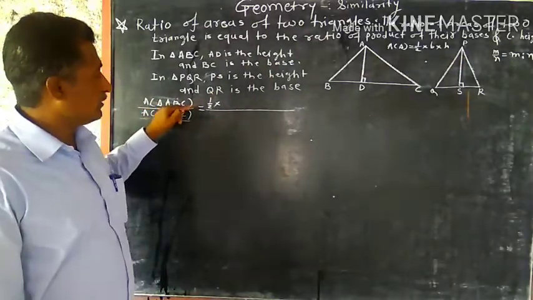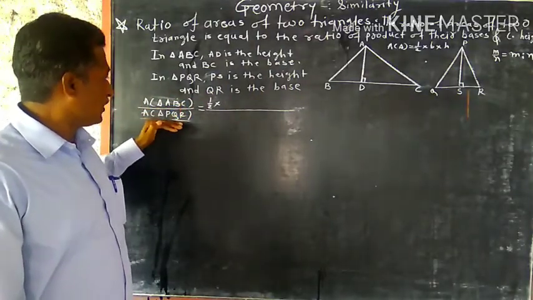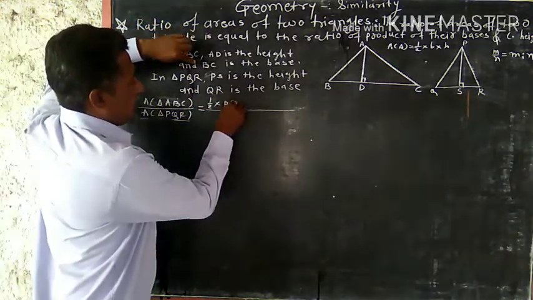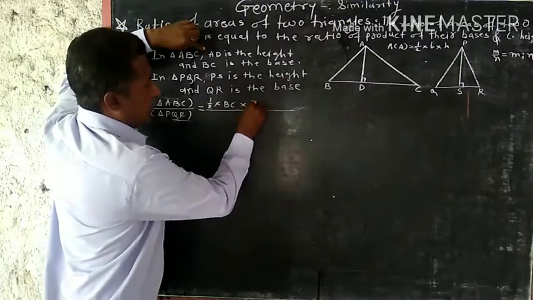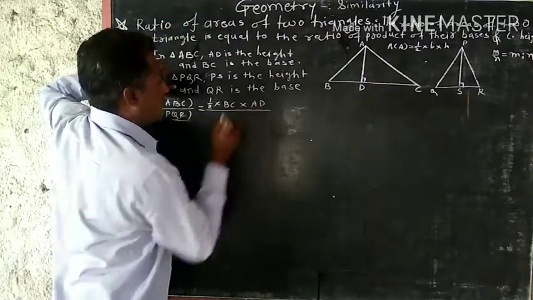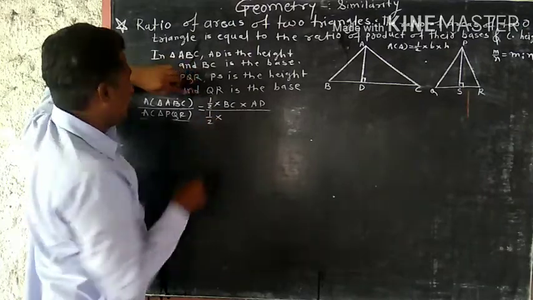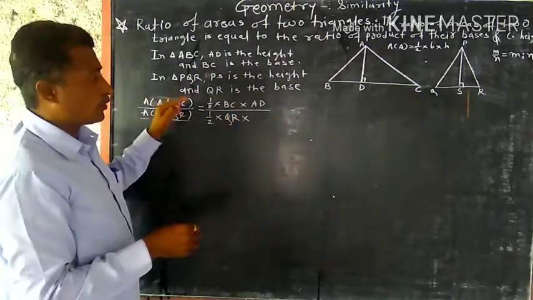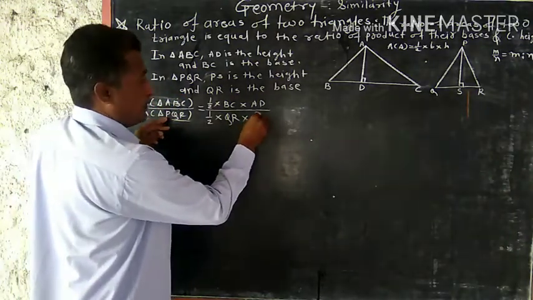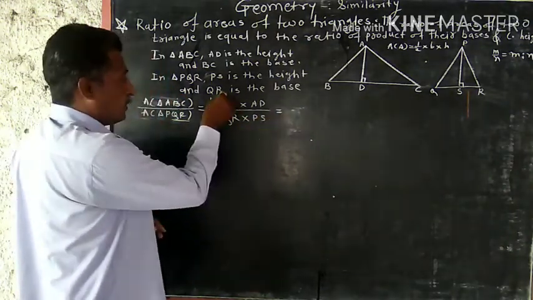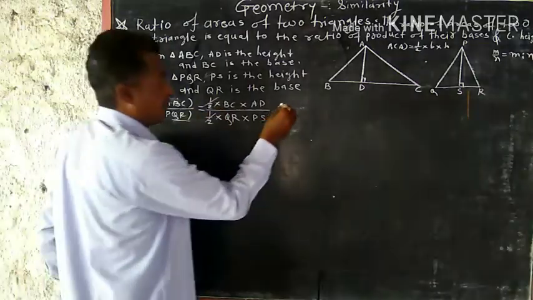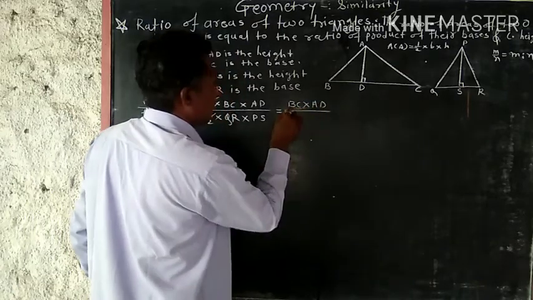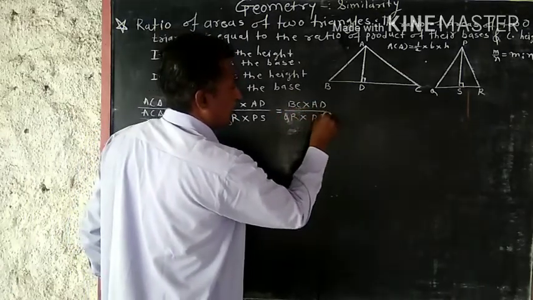Area of triangle ABC upon area of triangle PQR is equal to 1/2 base BC into height AD divided by 1/2 base QR of triangle PQR into height PS. The 1/2 cancel each other, remaining BC into AD upon QR into PS.